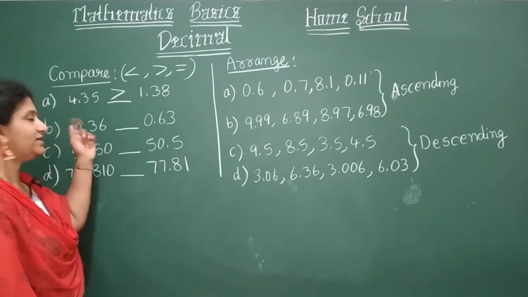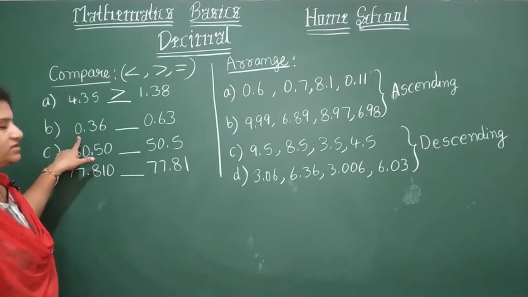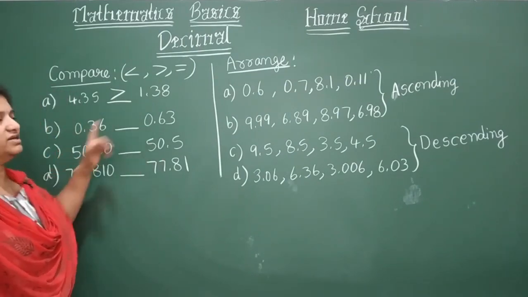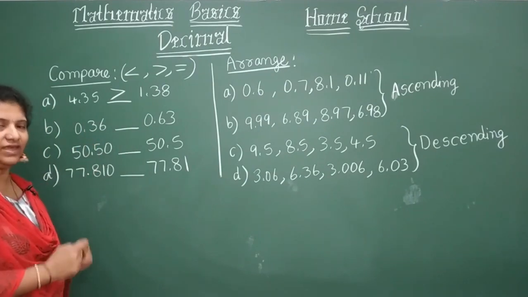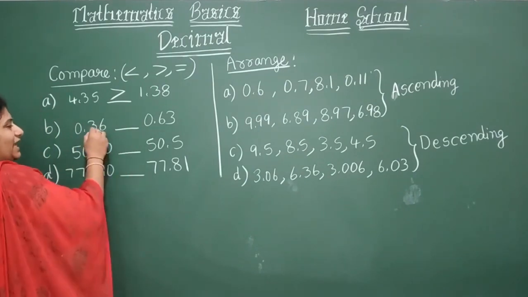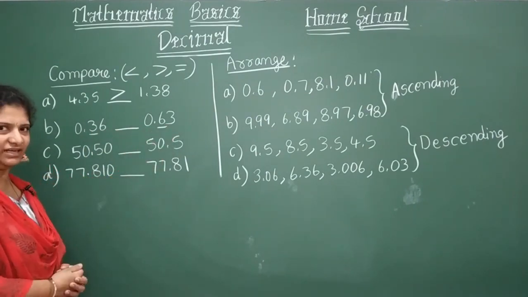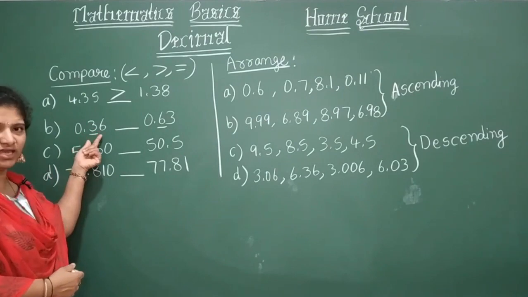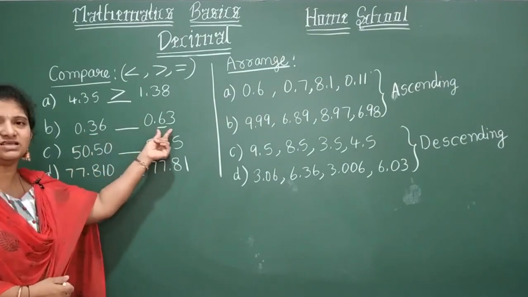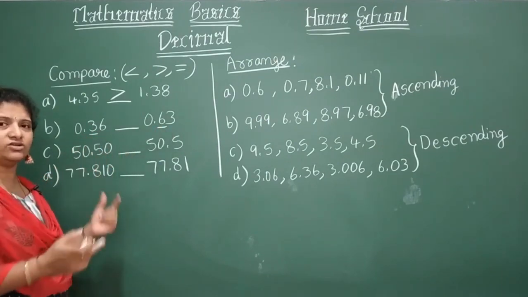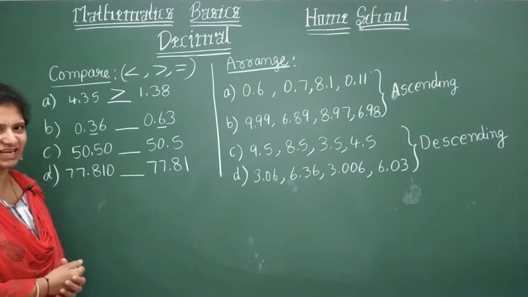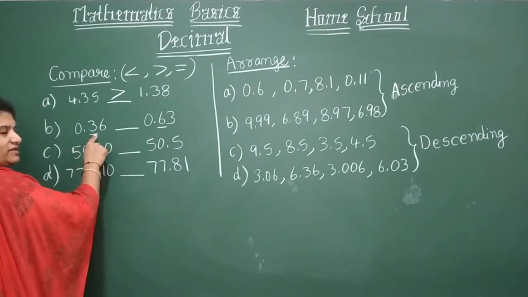Okay, so now let's see the second one here. See here, whole number part is 0. So now we need to consider the 10th position. So which is greater? That number is greater. So look here, what's the number here? 3. And here it is 6. 3 is greater or 6 is greater? 6 is greater, right? 0.36.